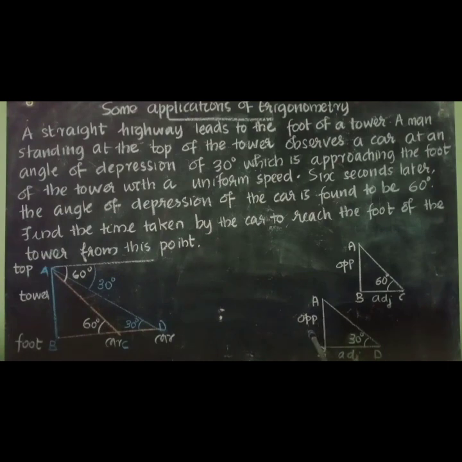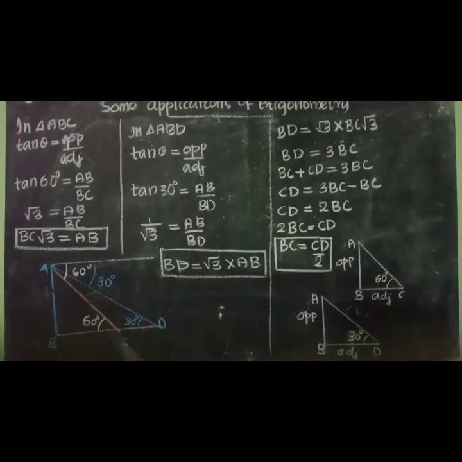AB is the opposite side and BD is the adjacent side. The question is, find the time taken by the car to reach the foot of the tower from this point. So we need to find out the time taken by the car to reach the foot of the tower. Okay, let us do it.